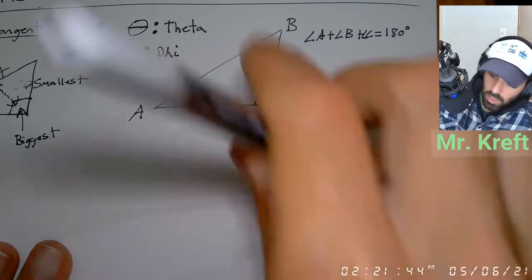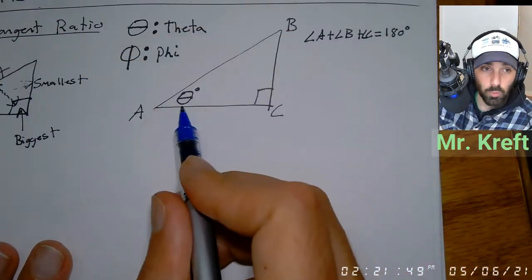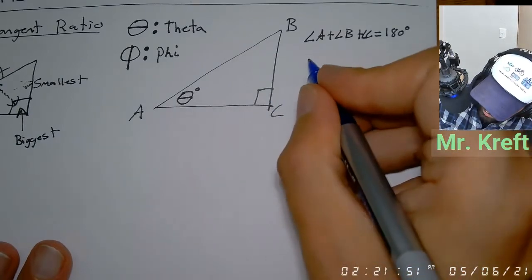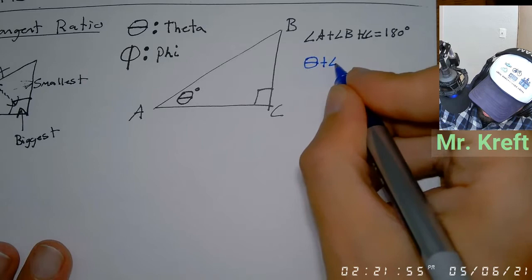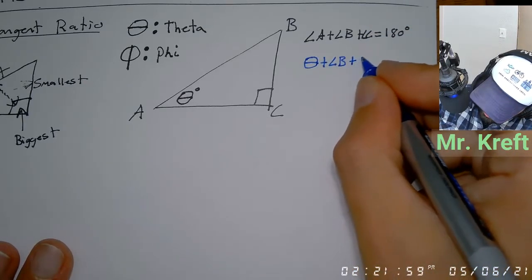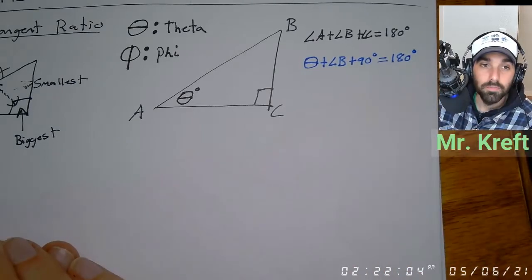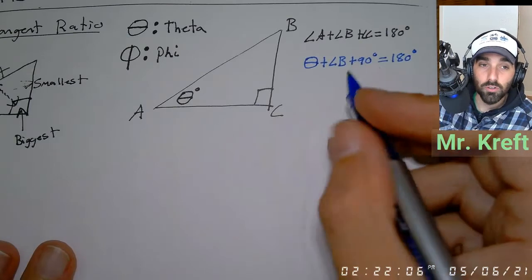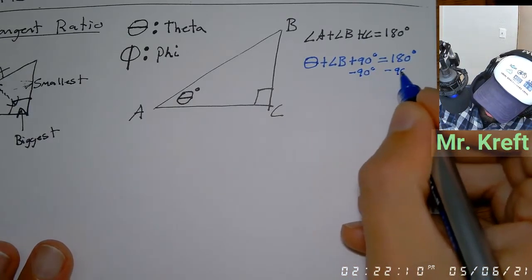Since we named one of our angles, I can replace angle A with theta. We don't know what angle B is, and angle C is 90 degrees. So what I'm going to do first is subtract 90 degrees from both sides.